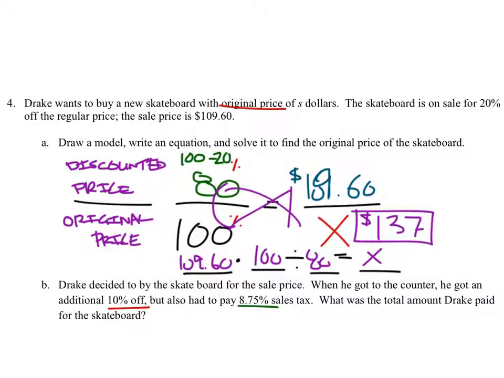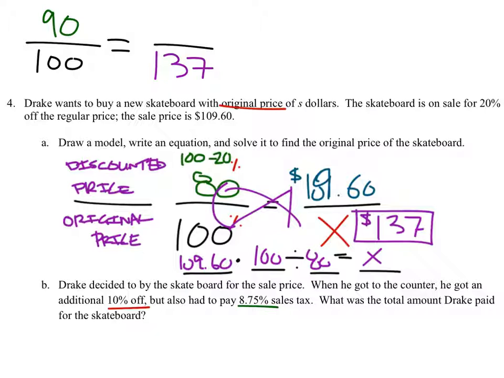So let's take the 10% off first. So we're going to compare this to 100. Now if I take off 10%, that means that I would end up paying 90% of the original price, which right now has already been discounted at 20%, and that value was $137.